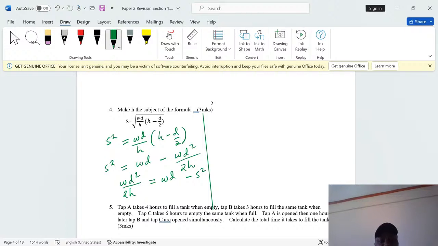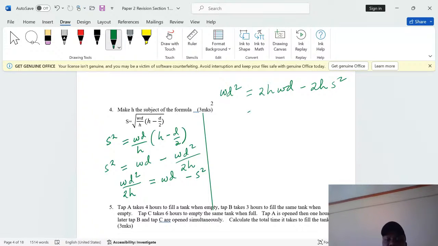Now we can continue. Remember, we are making H the subject. Therefore, now we can multiply through by 2H, such that on the left-hand side, we will remain with WD squared equals 2HWD minus 2HS squared.